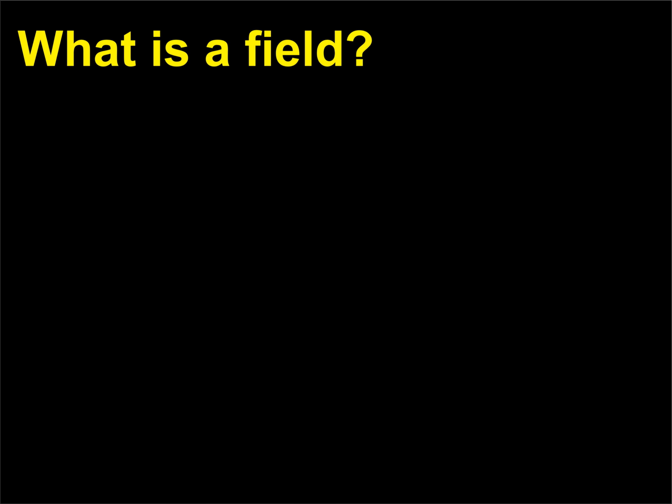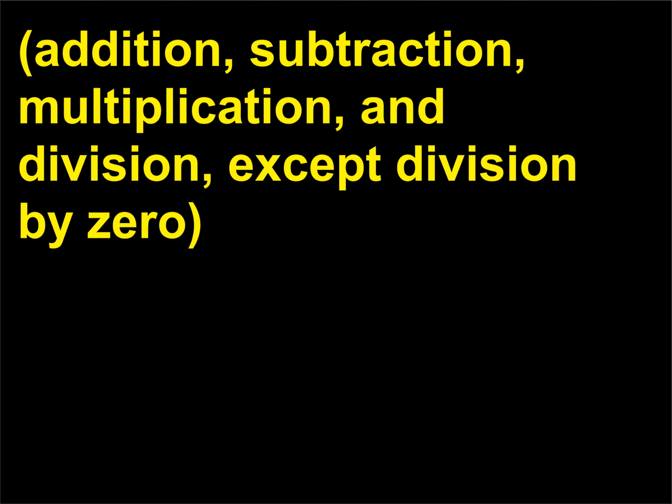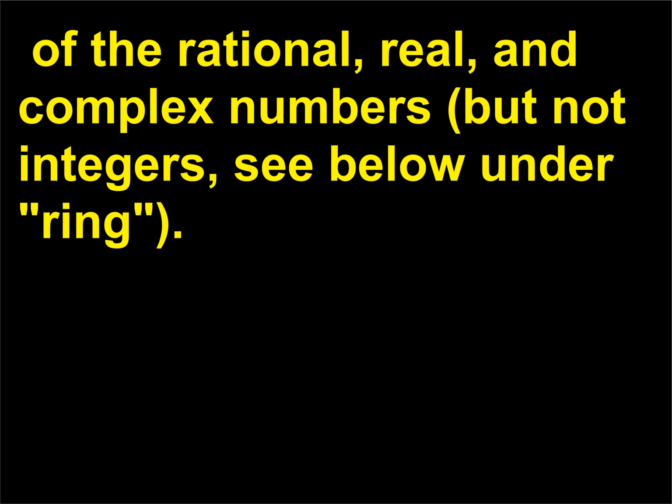What is a field? A field is an algebraic structure that shares the common rules for operations: addition, subtraction, multiplication, and division, except division by 0, of the rational, real, and complex numbers, but not integers, see below under ring.